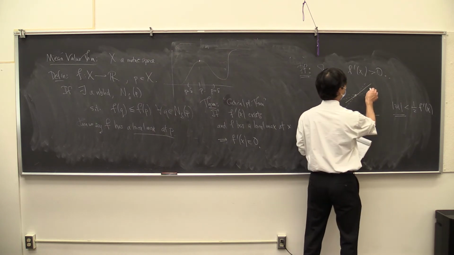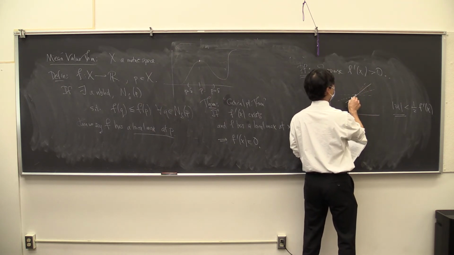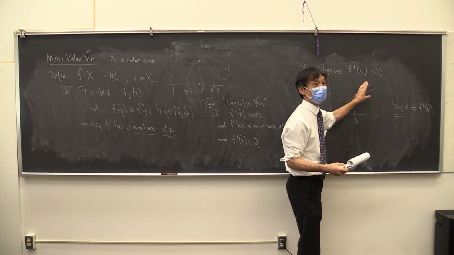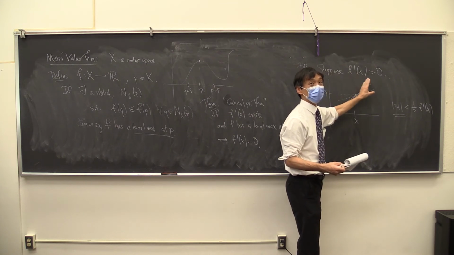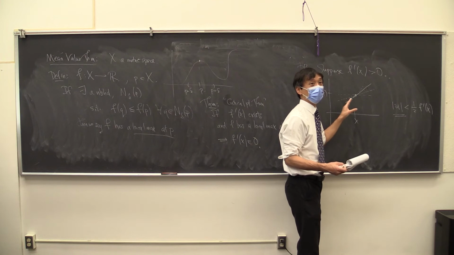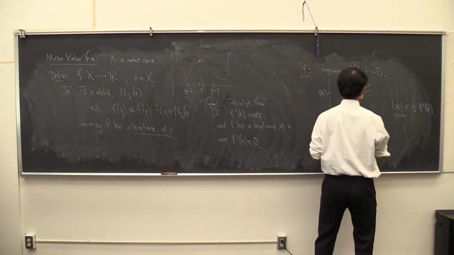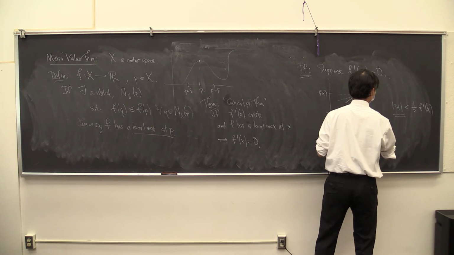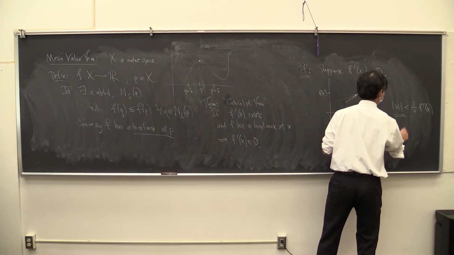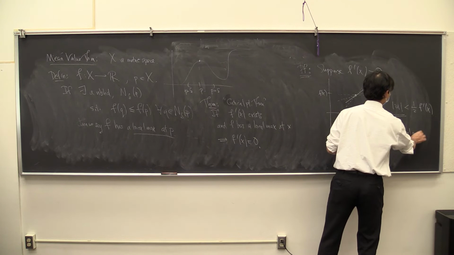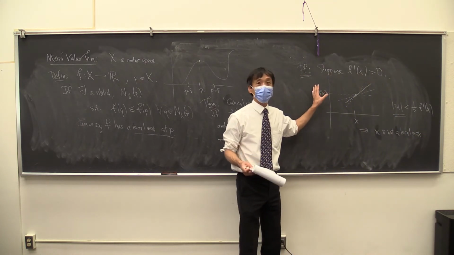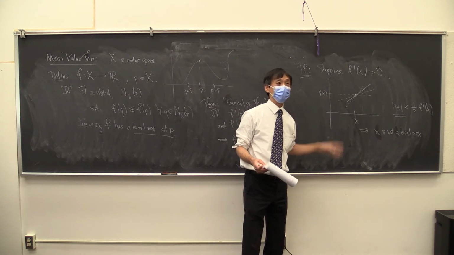That means that my function will be trapped inside here, but that means that my function is going to be bigger on the right side and lower on the left side. So that would tell me that x is not a local max. You could also prove it using the alternate definition.